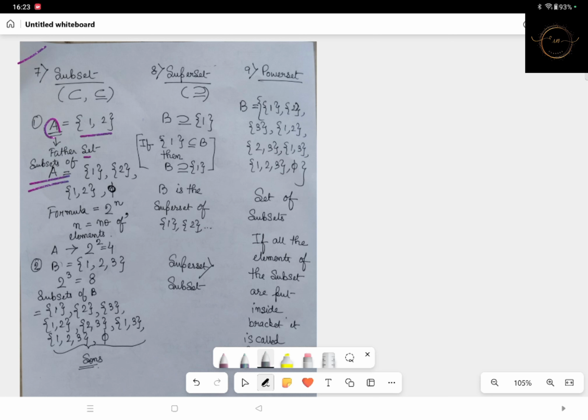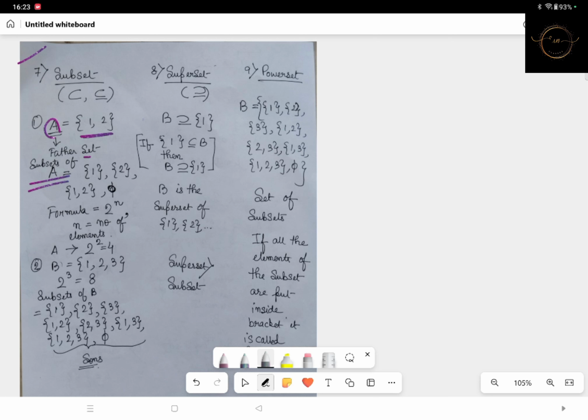Now 1, 2, how many elements are there? 2 elements are there. So what will be the subsets? First and foremost, the rule is that the elements will come out separately and then the combinations of the elements will come out. And at last you have to write phi, because the empty set or void set is always a subset of each and every set.